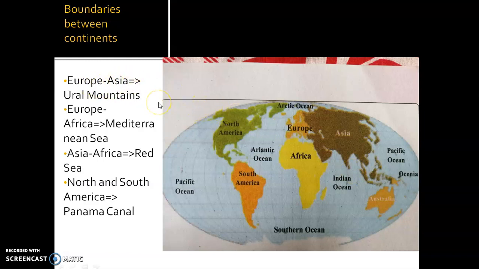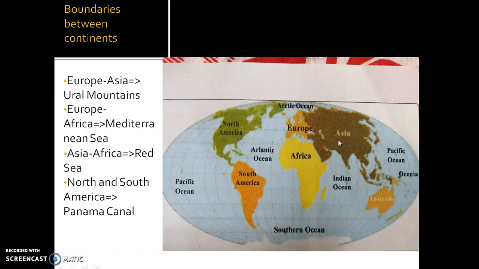It is important that you remember the boundaries between the continents. Look at this map. This is Asia, this is Europe, this is Africa, this is North America, South America, Australia is here, and this way we have got the Antarctica. It is not shown in the map, of course, here.